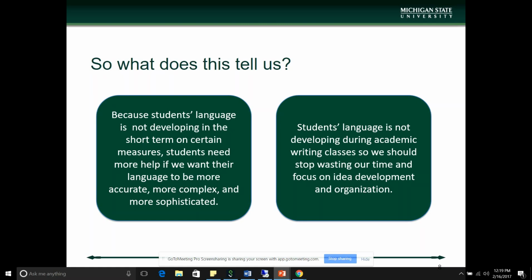So what we did this past semester was conduct a mixed method study that actually goes into the classrooms, talks to the teachers and the students to find out why their language is not developing. Is it that the teachers aren't focused on that aspect of writing, or that the students don't really care if their writing improves that much?